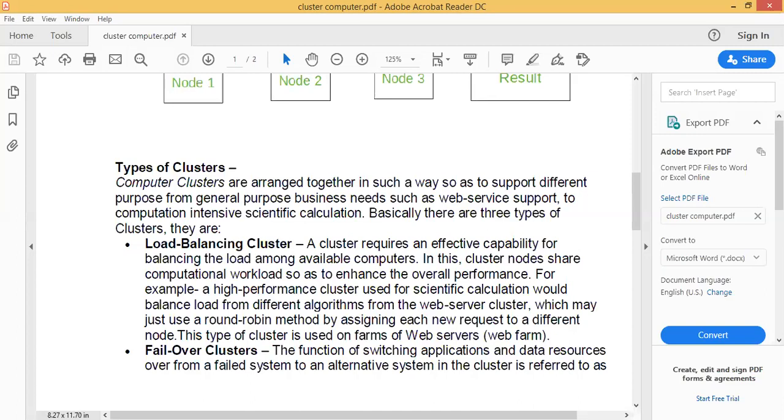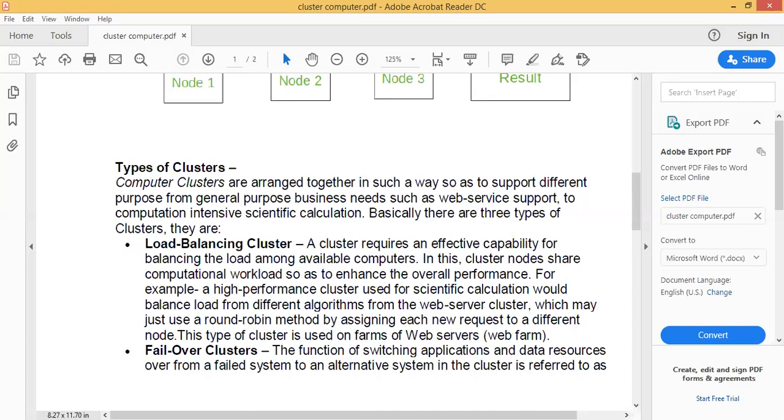In a load balancing cluster, it requires an effective capability for balancing the load among available computers. In these clusters, nodes share computational workload so as to enhance the overall performance.